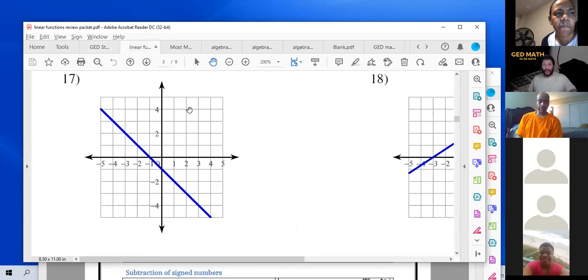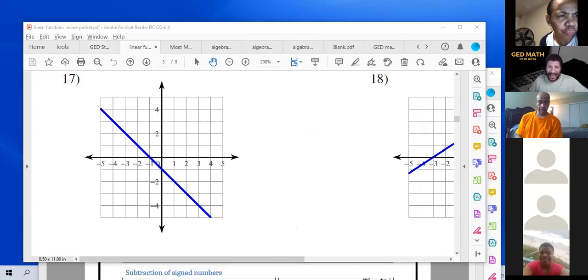Okay, so first of all, I'm going to ask you 4 things from this graph. For number 17, this is how you should look at these problems on your exam, and they should take less than a minute. Okay, let me ask you a question. Given what we know, is the slope of this line positive or negative?